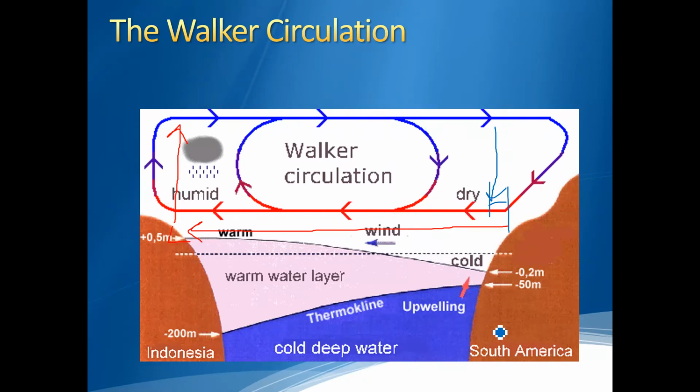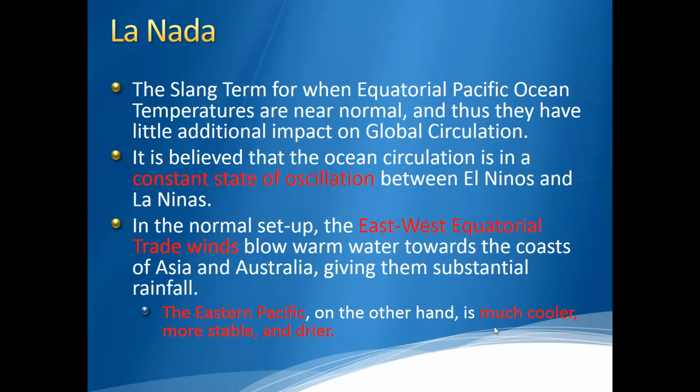Now, this is the normal setup. This is what I would call la nada, basically the nothing. I don't use a lot of slang in my class, but this is some slang I will use. La nada means the nothing. We are neither in El Nino nor La Nina. But as scientists have observed this region a lot more, over the last 30 years we've had three very major El Ninos, and we've also had some major La Ninas.